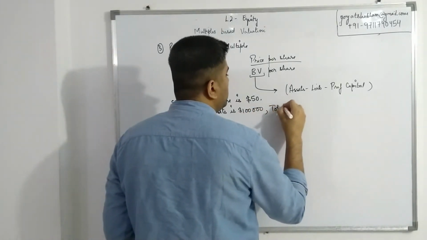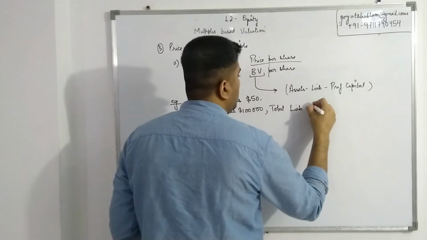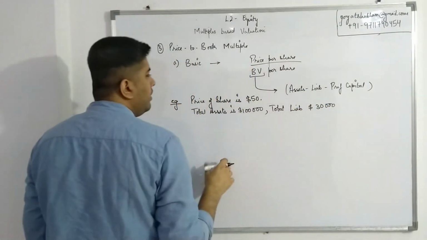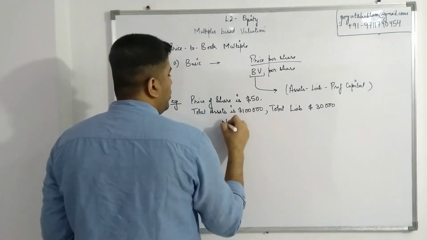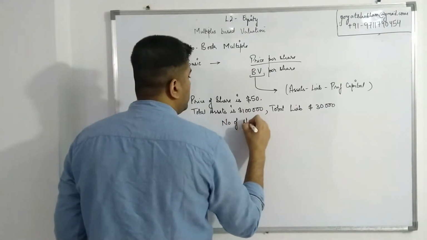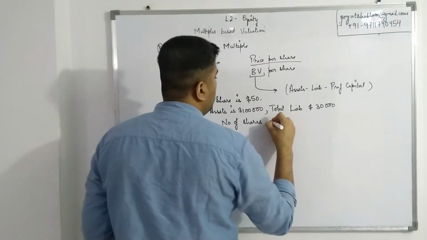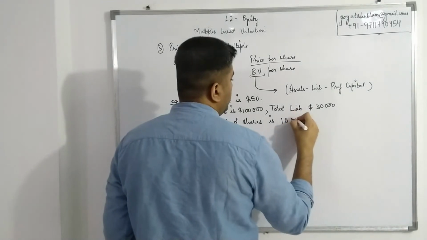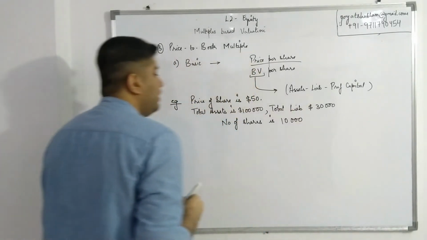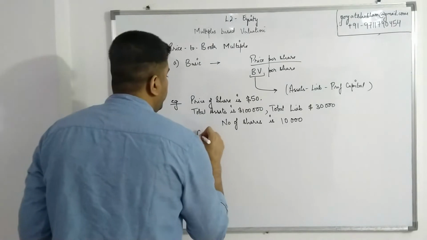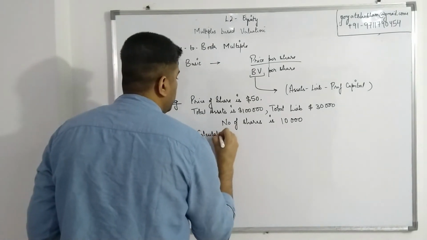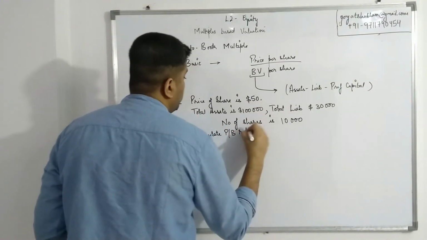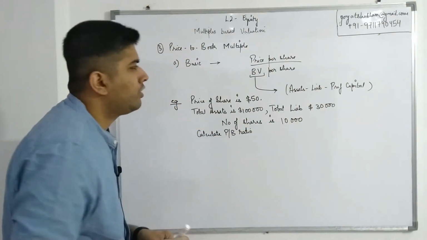Total liabilities $30,000, and number of shares is 10,000. Calculate PB ratio. So just pause the video, give it a try, see if you can calculate it.